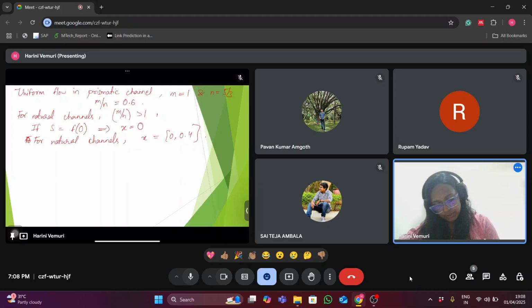So now let's look into the Muskingum method, which is most commonly used in channel routing. It falls under the category of hydrologic routing methods. It was first developed by G.T. McCarthy and applied for the first time on the Muskingum River in Ohio. So that's why the name Muskingum came.